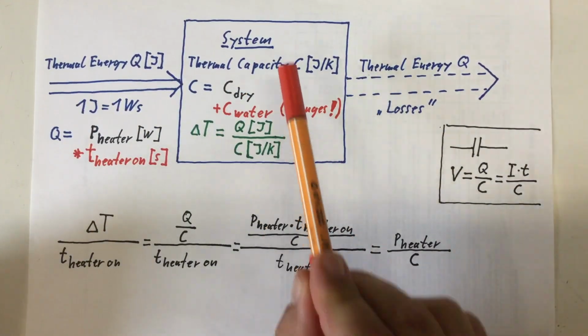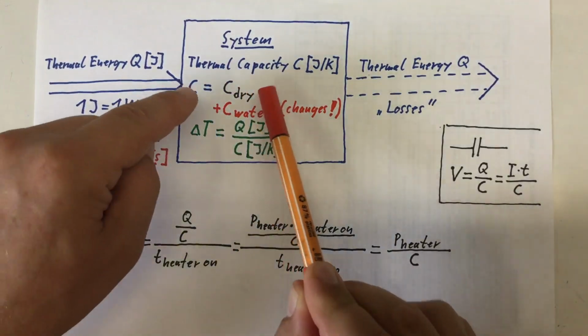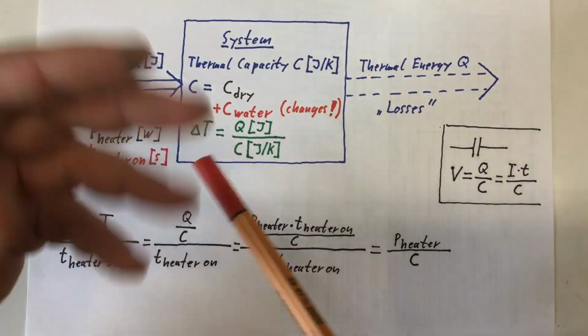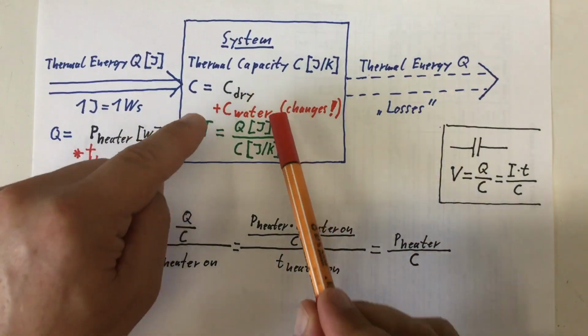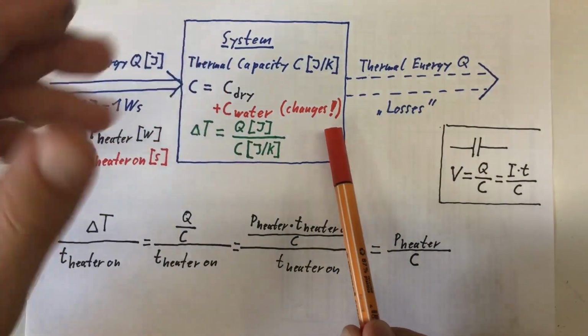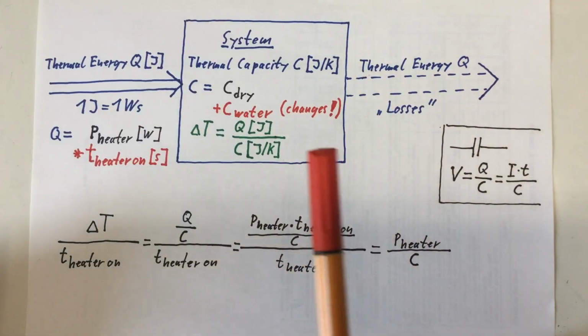The thermal capacity of our system consists of the thermal capacity of the dry components, the metal, aluminium, stainless steel, whatever, plus the thermal capacity of the water we have in. And that, of course, changes over time.